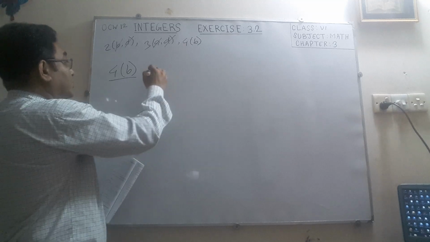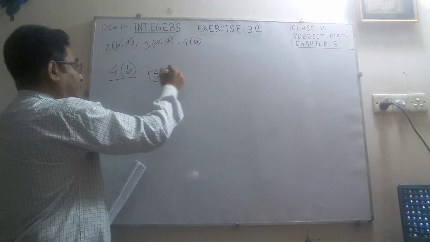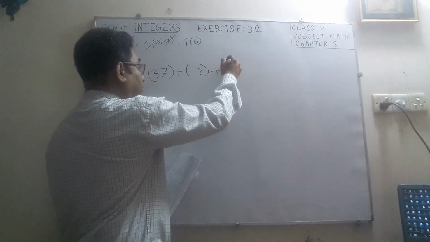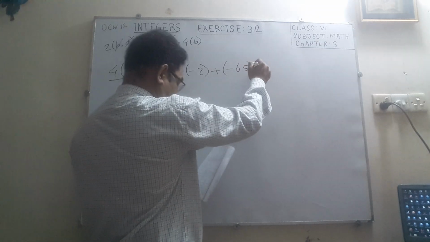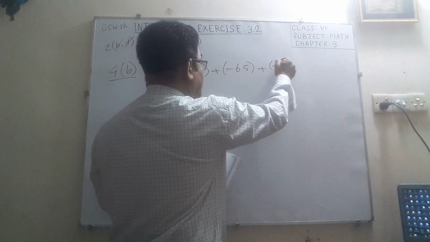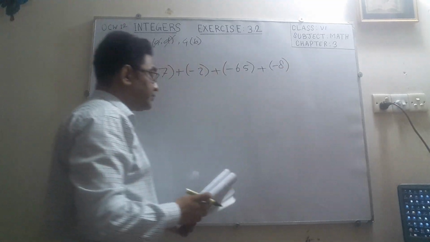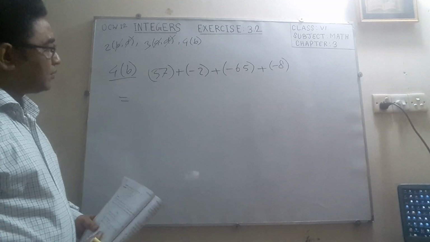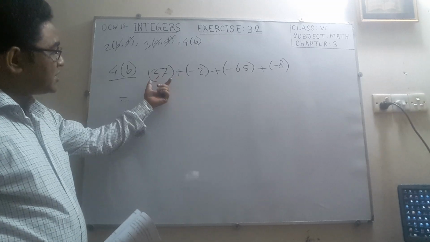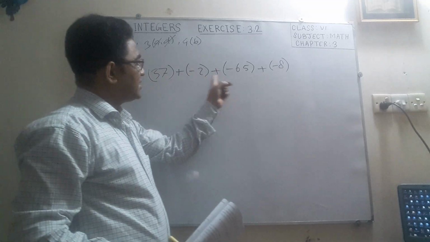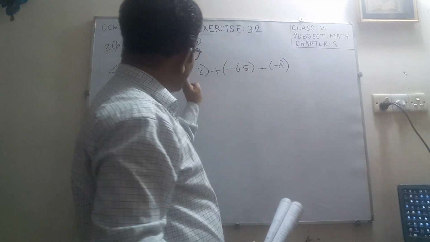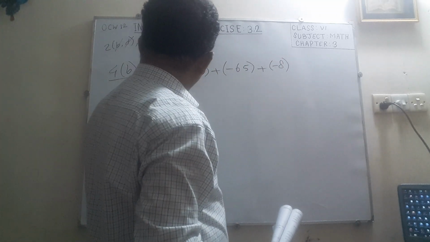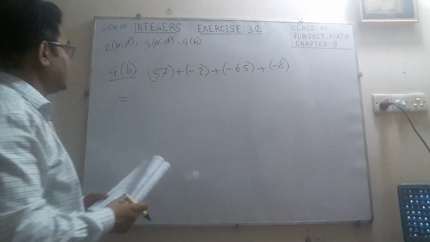37 plus minus 2 plus minus 65 plus minus 8. So students, from here again what we have to do, here is no sign, that means plus. Here this is minus sign, this is minus sign, this is minus sign. We have to add all the minus numbers on one side, we have to keep plus on another side.